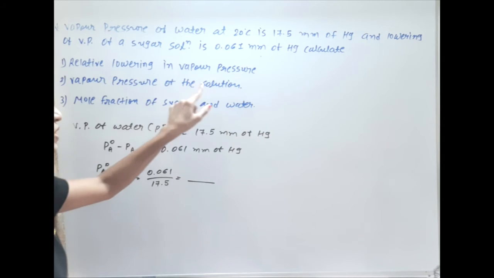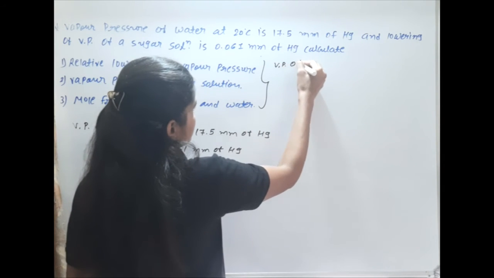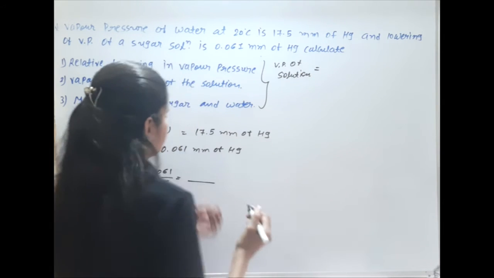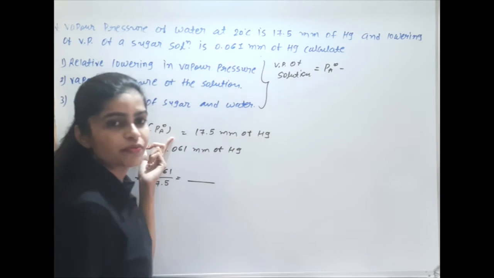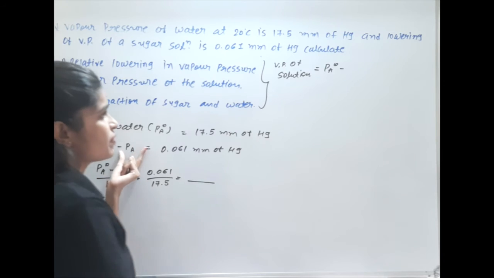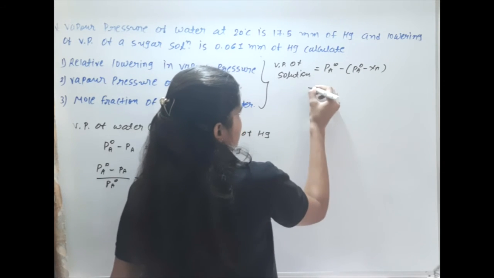Next is the vapor pressure of the solution. The vapor pressure of the solution is equal to the vapor pressure of the pure solvent PA0 minus the lowering in vapor pressure. So this is PA0 minus PA.